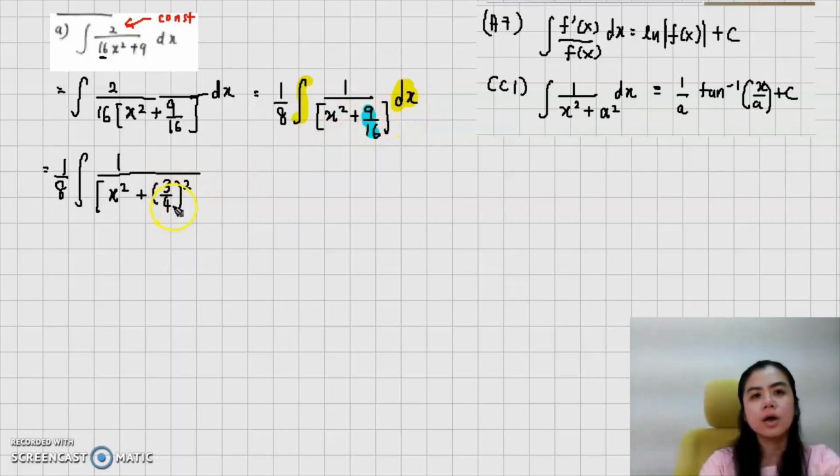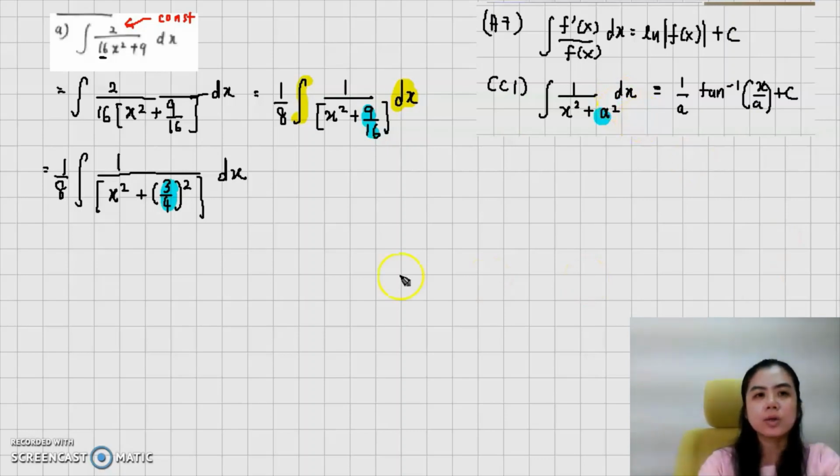Then the next thing you have to check is what is your a value here? Your a value is 3 over 4. When you have an integration which is in the exact form of this, you can apply the formula directly.